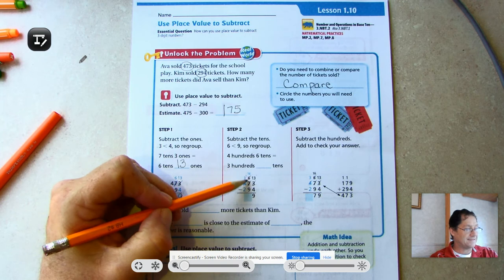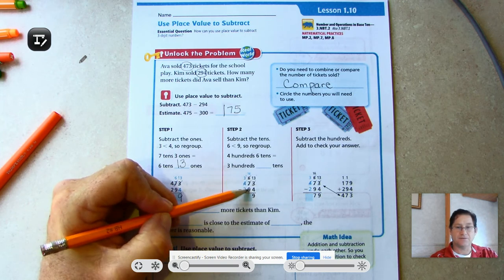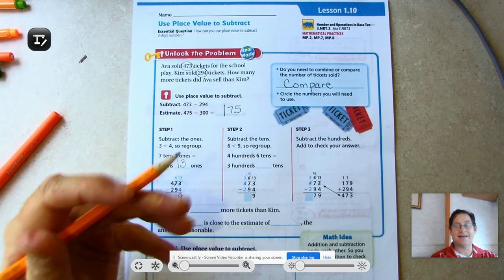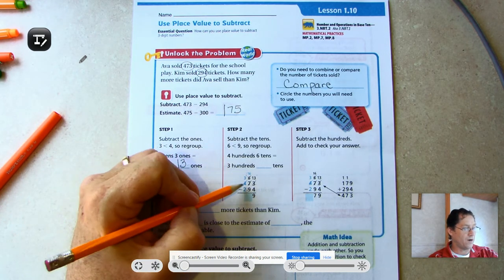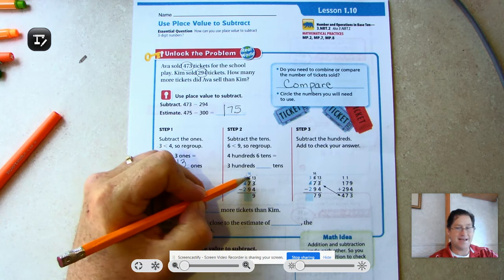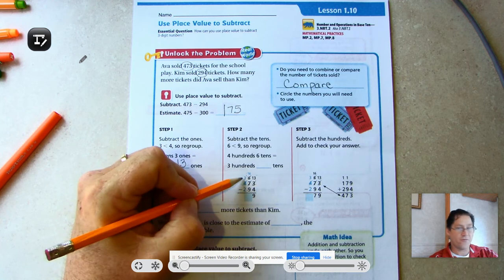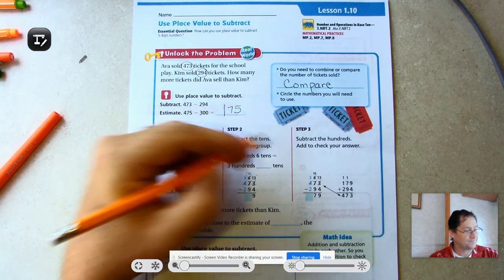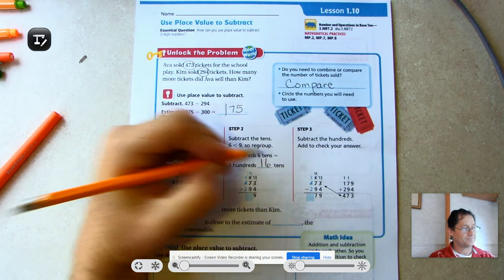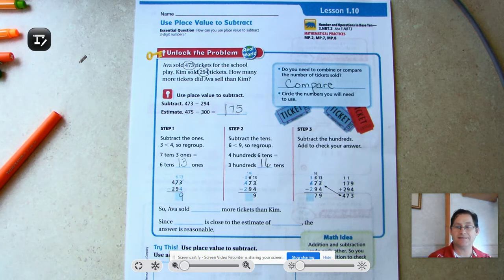So 6 is less than 9. So again, I can't take 9 from 6. So I'm going to regroup the 400s and 6 tens as 300 and 16 tens. 16 tens would be 160.